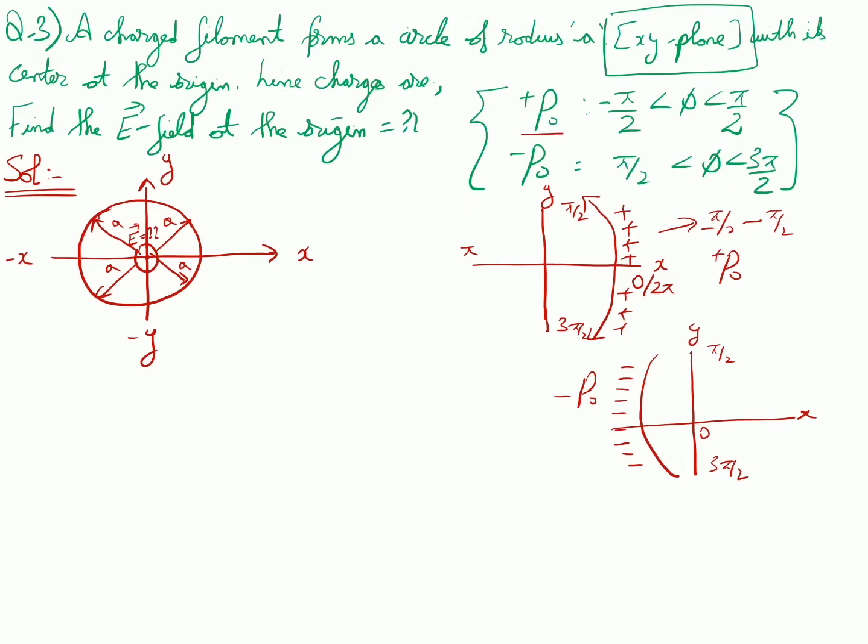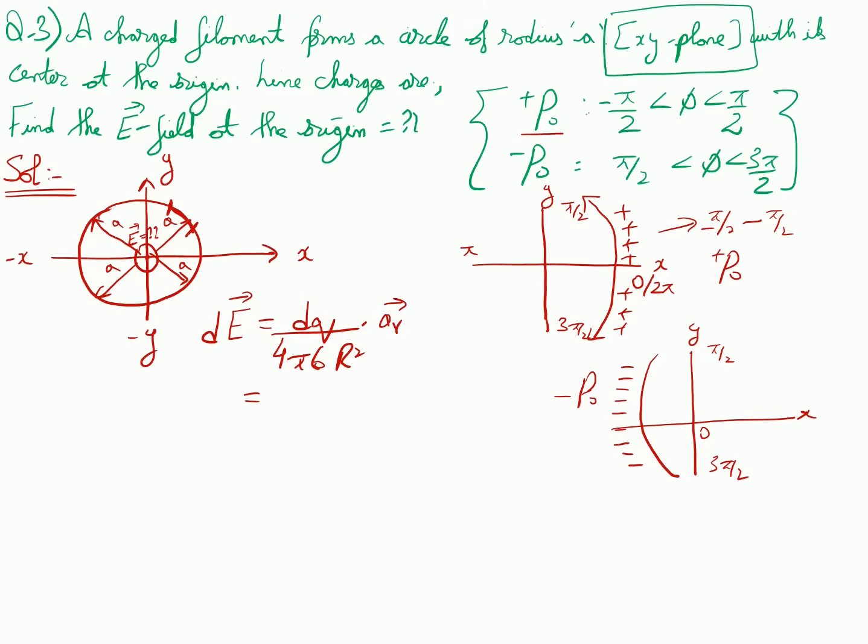We know that whenever we have a circular formation and we want to find the electric field from a certain point or a certain line, let's say the line portion inside the circle, its mathematical expression is: the differential electric field for that point is going to be dq divided by 4 pi epsilon naught r square into a r unit vector.